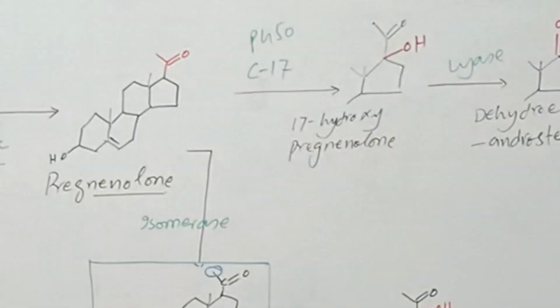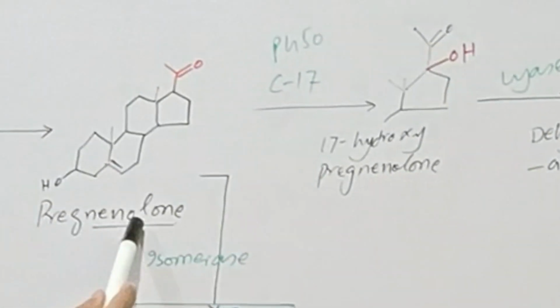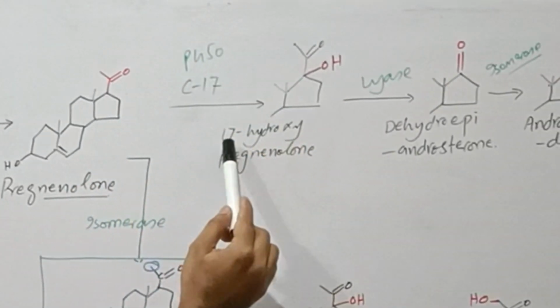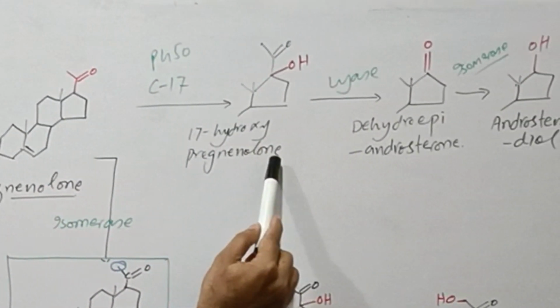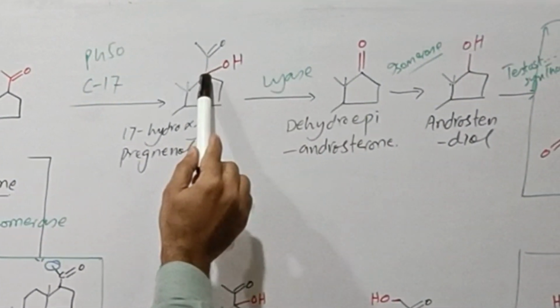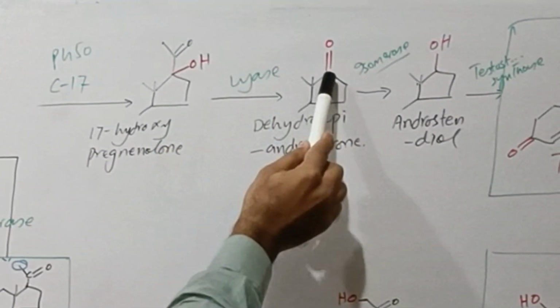Finally, how is testosterone prepared? Pregnenolone undergoes hydroxylation at this carbon and we get 17-hydroxypregnenolone. In the presence of lyase, oxidation takes place at carbon number 17.